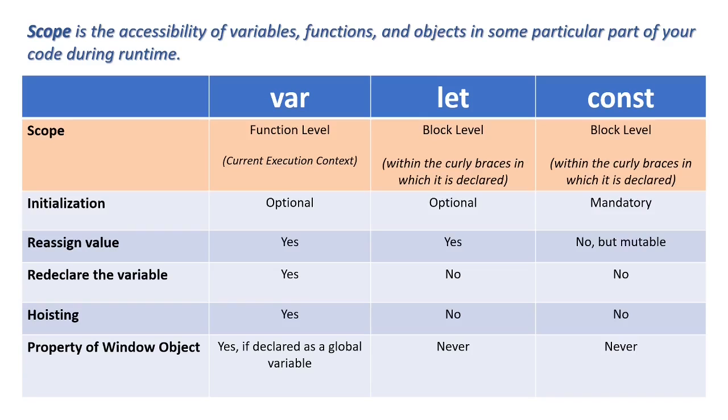Where we start the curly brace of the function and end the curly brace of the function, the variables identified with var can be visible within that function. Let and const are totally different stories. Let and const can be visible only within a block. A block can be created with the help of curly braces. Let's understand these things through code.